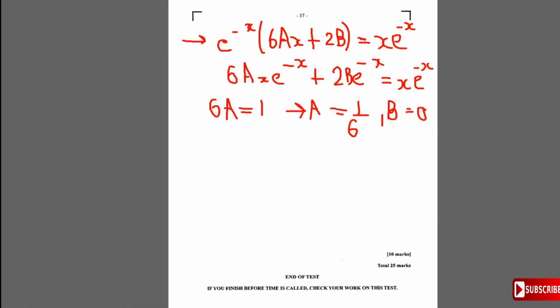Nice. Now that we find b and we find a, we know that the general solution y is equal to the complementary function plus the particular integral solution. So it's yc plus yp. Now the complementary function we found, it was e to the minus x into p plus qx.